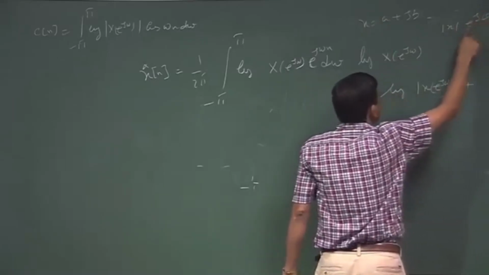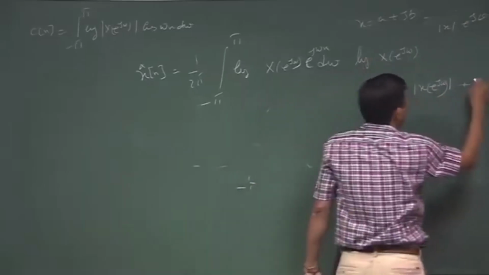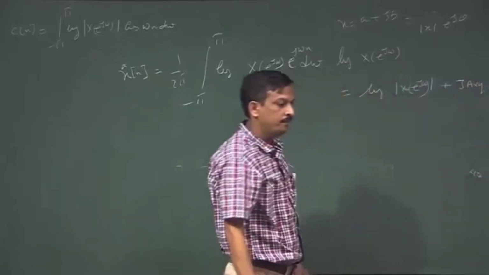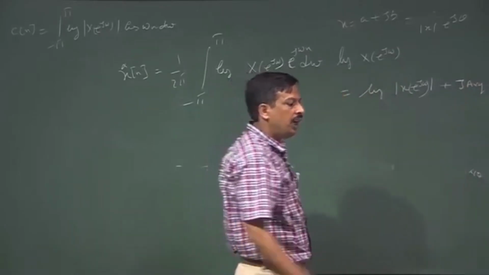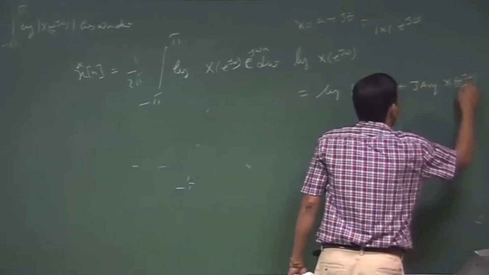If I take the log, it is log of the magnitude plus j arg x of e to the power j omega.